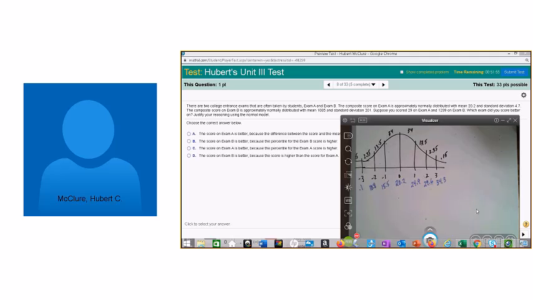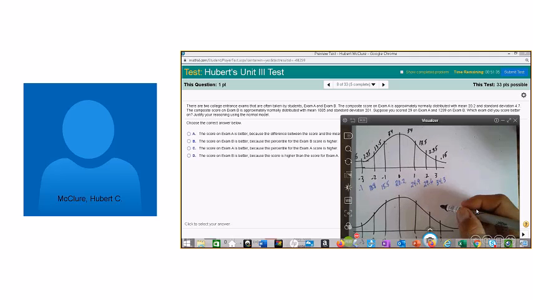I'm going to draw it in black, but I'm going to use a different color for the numbers. Zero, 1, 2, 3, -1, -2, -3. And we're going to use these percentages.